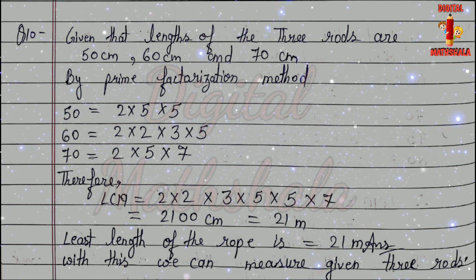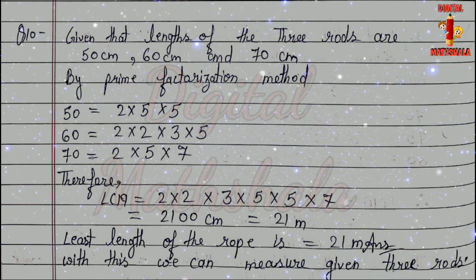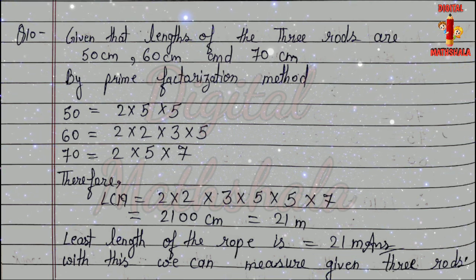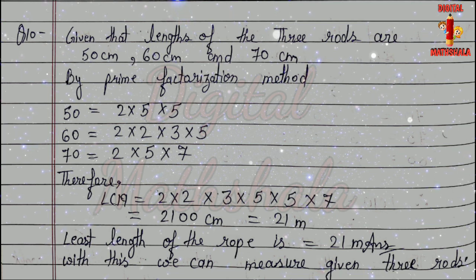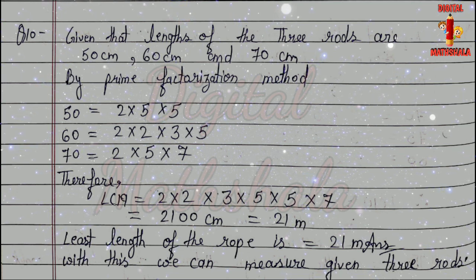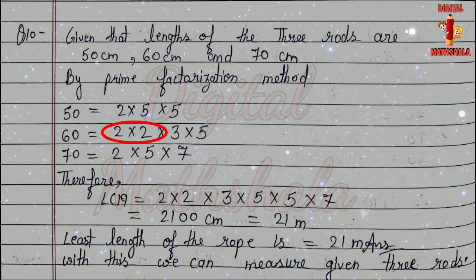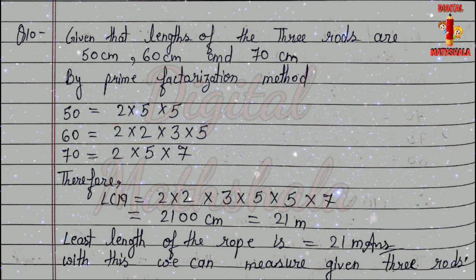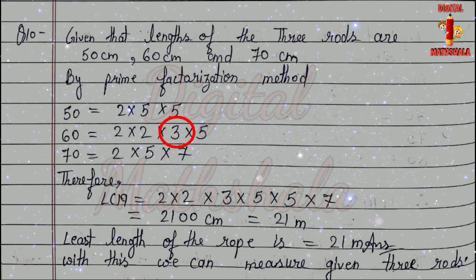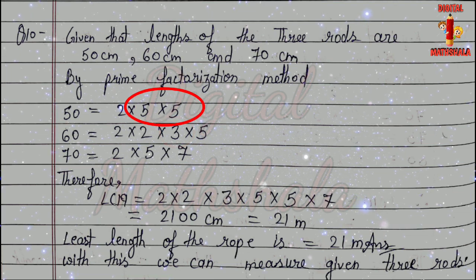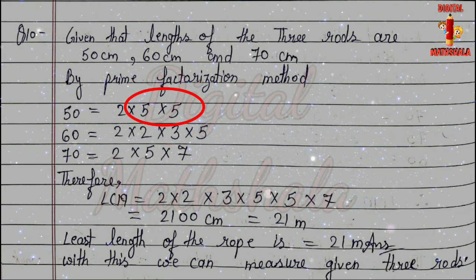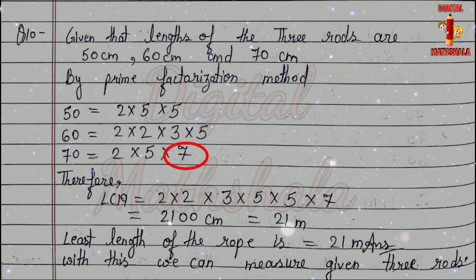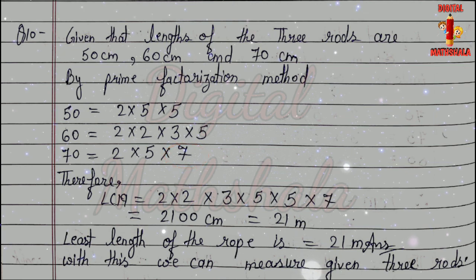So for the LCM, first of all we take the prime factors the maximum number of times they appear. Here 2 appears maximum 2 times in the prime factors of 60, so we will take 2 twice, and 3 appears once, so we take 3 one time. 5 appears twice in the factors of 50, so we take 5 two times. 7 appears once in the factors of 70, so we take it 1 time.